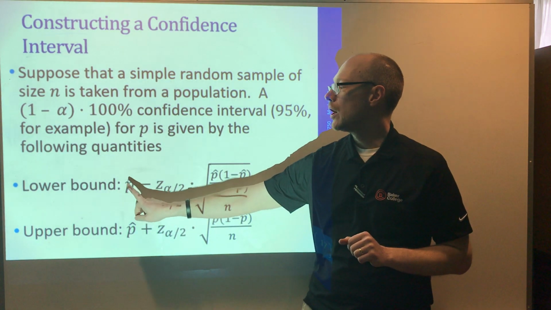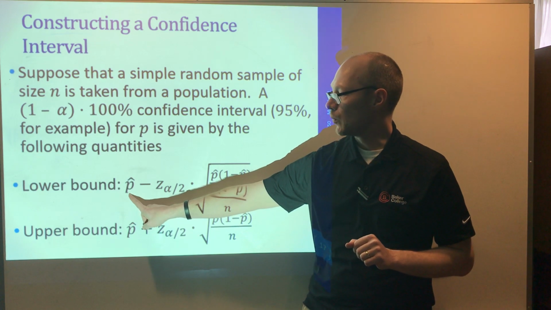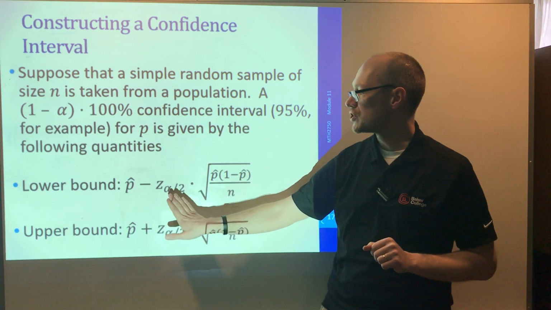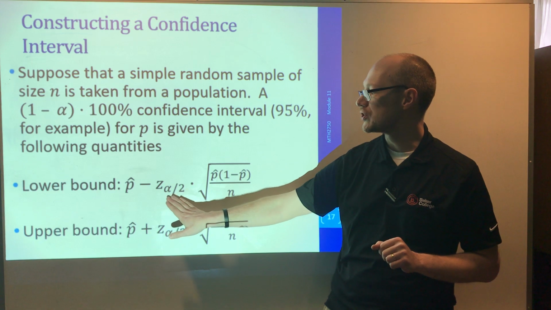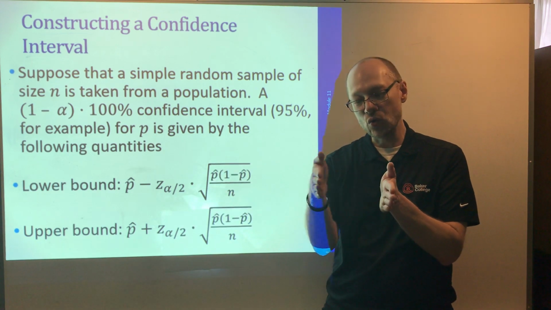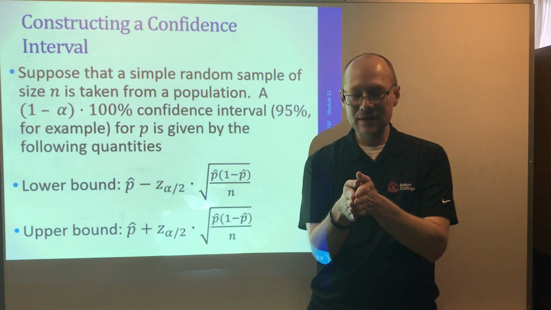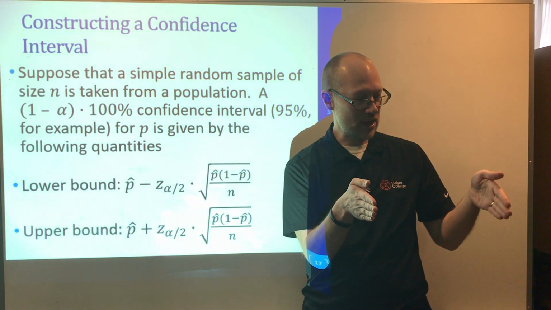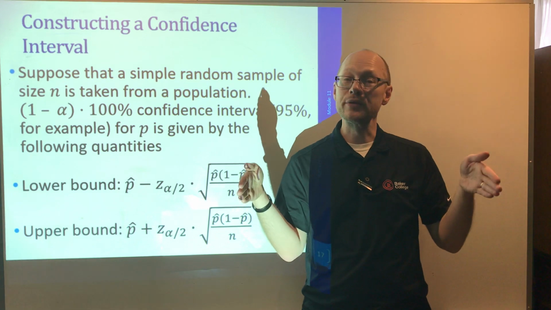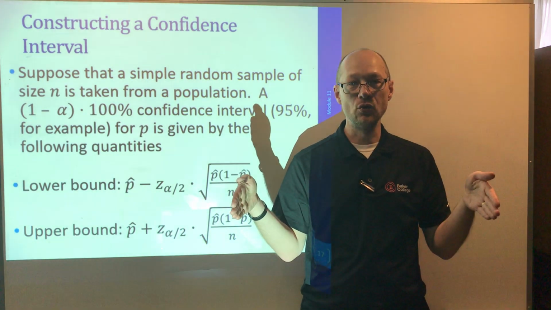We're finding the middle of this, which is our point estimate, and we're subtracting away a certain number of z-scores of standard deviations, and then we're adding the certain number of standard deviations above to come up with our boundaries of what we consider normal.